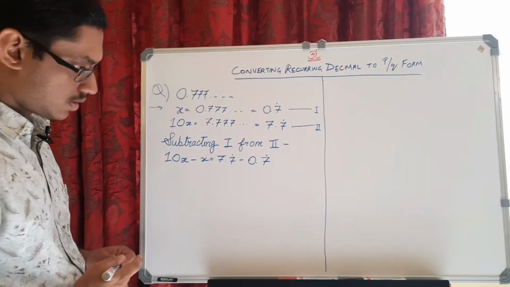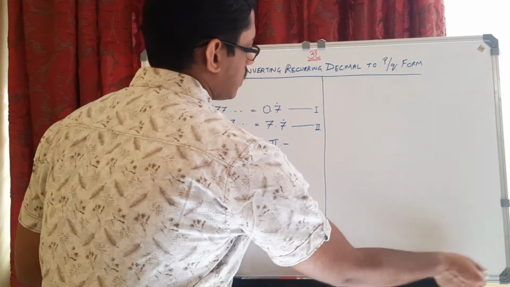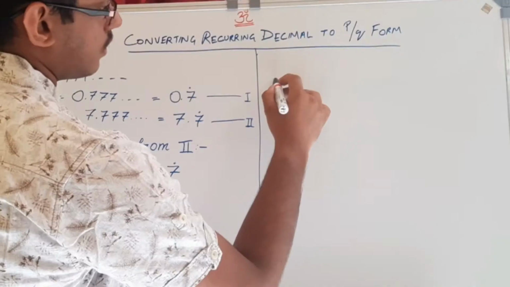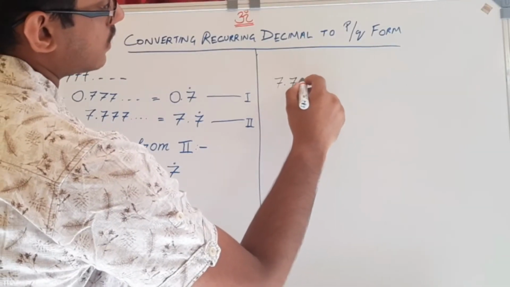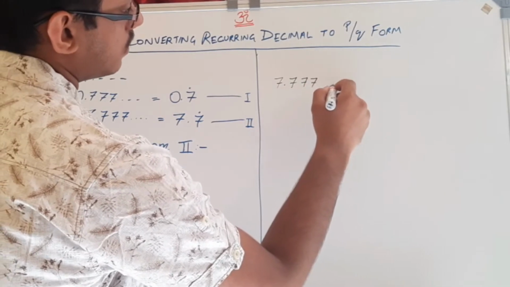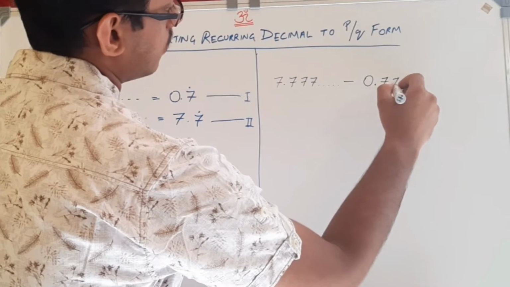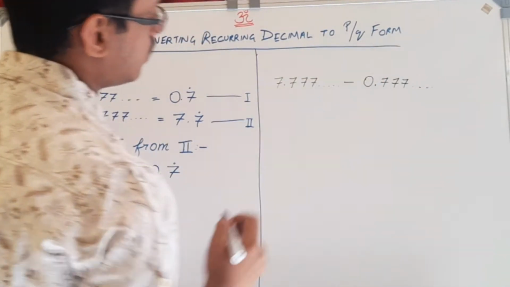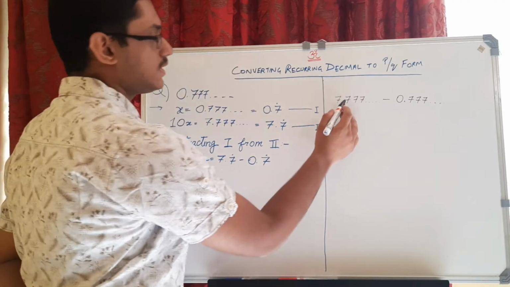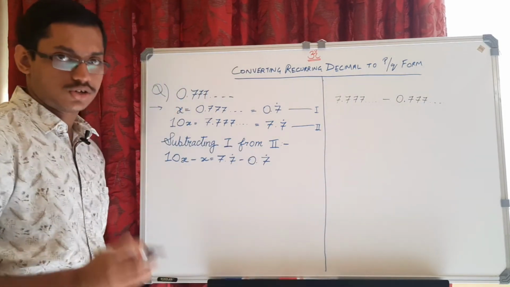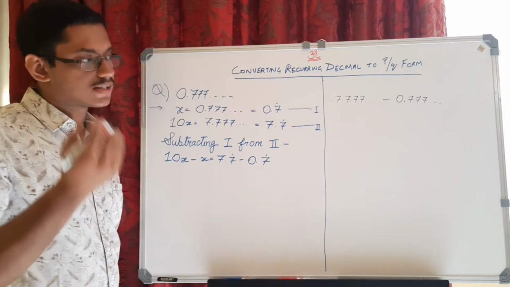Now look here, treat this as a rough column for now. 7.777 minus 0.777 continued. Now don't you think these 7s will cancel out these 7s? Of course they will cancel.